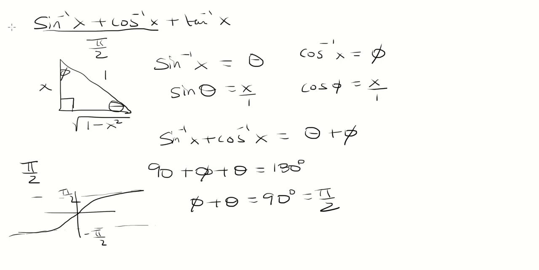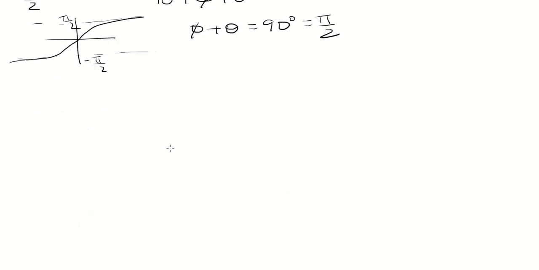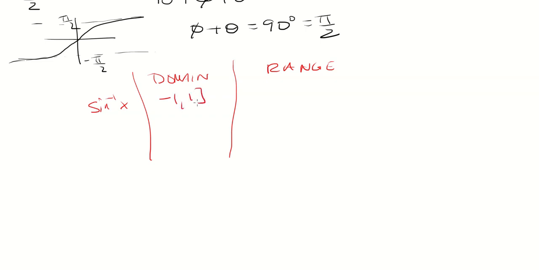Now, there are some restrictions here. For inverse sine, the domain is between negative 1 and 1, but the range is between negative pi over 2 and pi over 2.